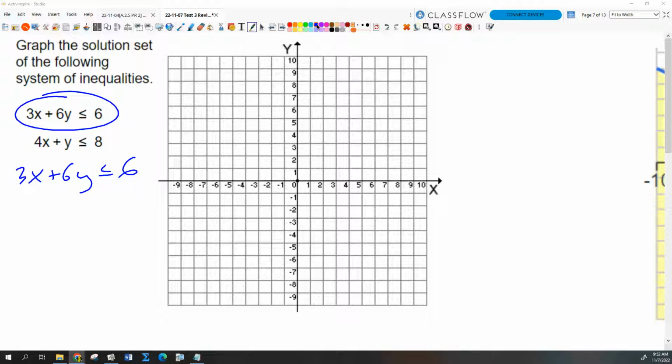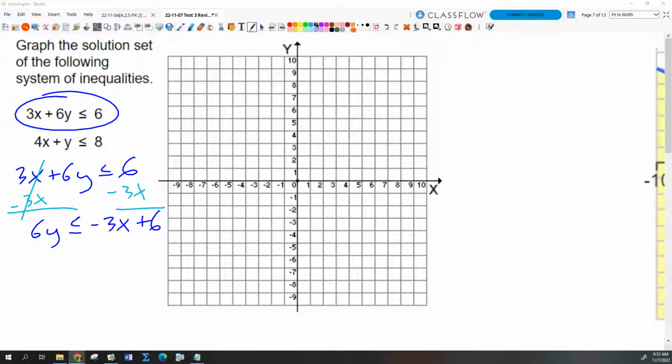To isolate the y, what's my first step there, Malin? Got to get the y by itself. So I'm trying to put this in slope-intercept form. There you go. Subtract 3x. Perfect. Good. So those guys cancel. That gives me 6y is less than or equal to negative 3x plus 6.